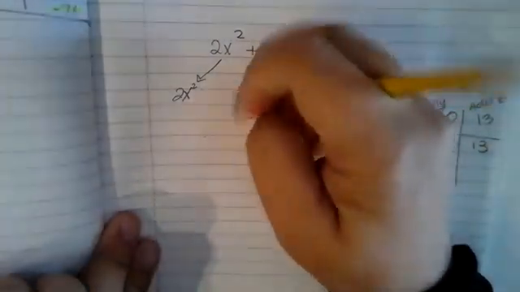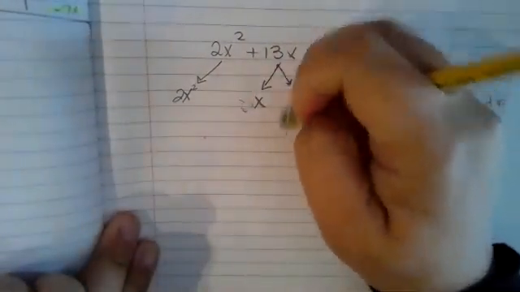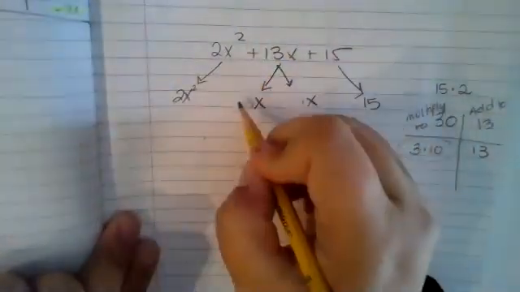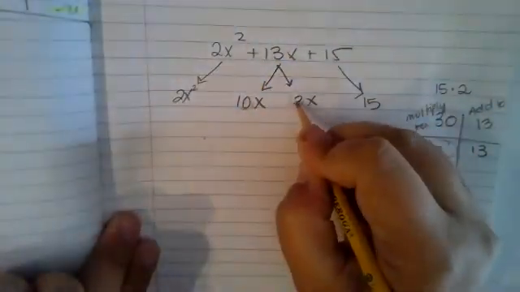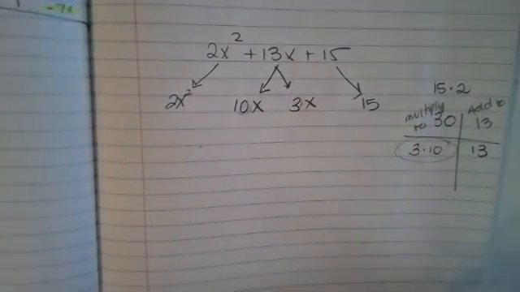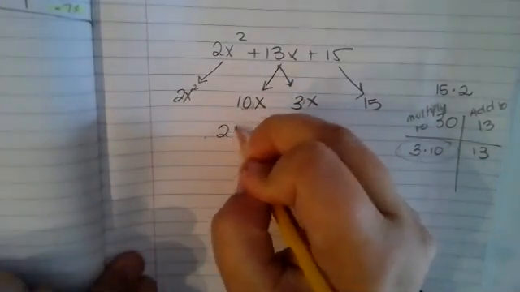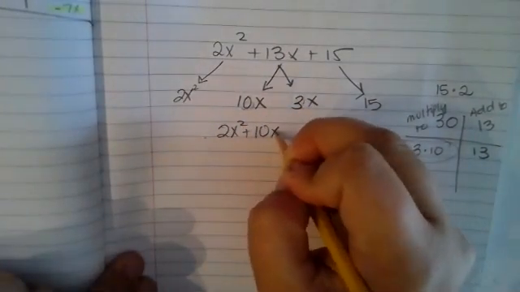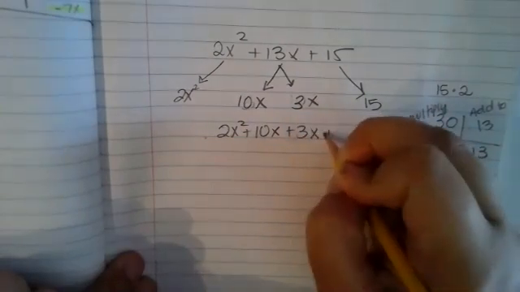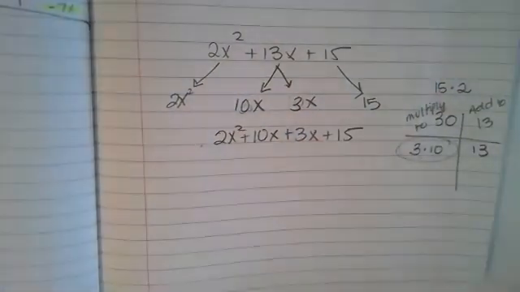Can we write it the other way? Sorry, y'all, I didn't notice at first. 10, 3. Okay, my apologies. I believe that's what we want to do here. So now I'm going to have 2x squared plus 10x plus 3x plus 15.